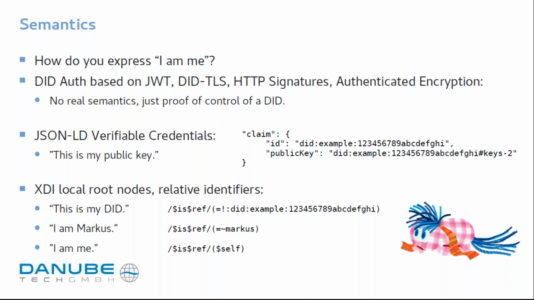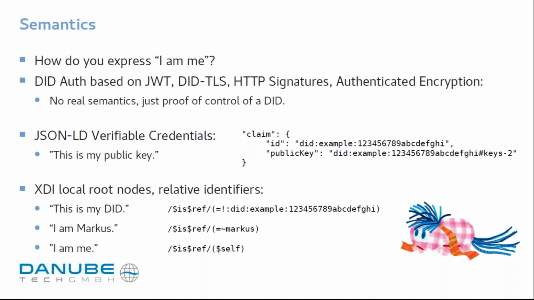We've looked a little bit at the JWT and HTTP signatures examples, and we've looked at JSON-LD verifiable credentials, where we're making a semantic claim, a semantic statement that I have a certain public key, a statement that is machine readable based on semantic web technologies, where we are saying this is my identifier and this is my public key. But strictly speaking, from a semantic perspective, this is still not a statement that says I am me. This is only a statement that this is my public key.